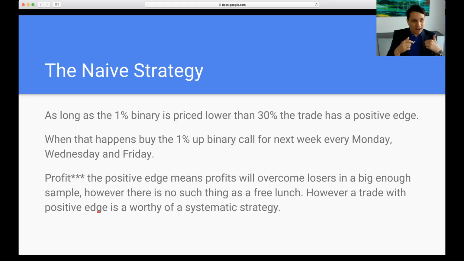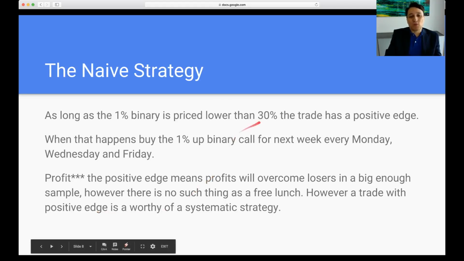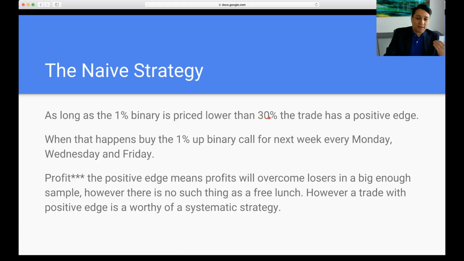That's what it means. But it doesn't mean that it is a free lunch. It doesn't mean that you are going to get a winner every time. In fact, you should expect winners only 30% of the time, which is a low rate of winners. However, because of the mispricing, you will make money on this trade.